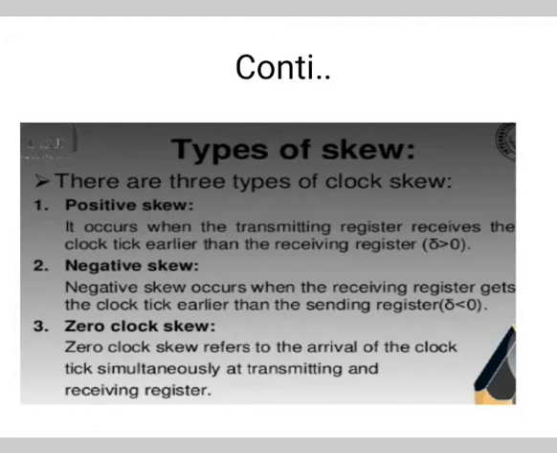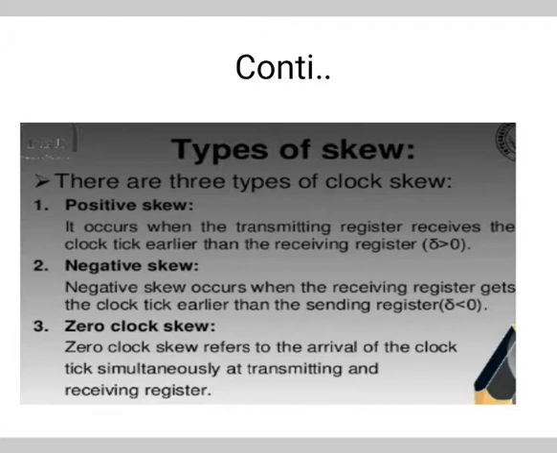So what is positive skew? Positive skew occurs when the transmitting register receives the clock tick earlier than the receiving register, where delta is greater than 0.